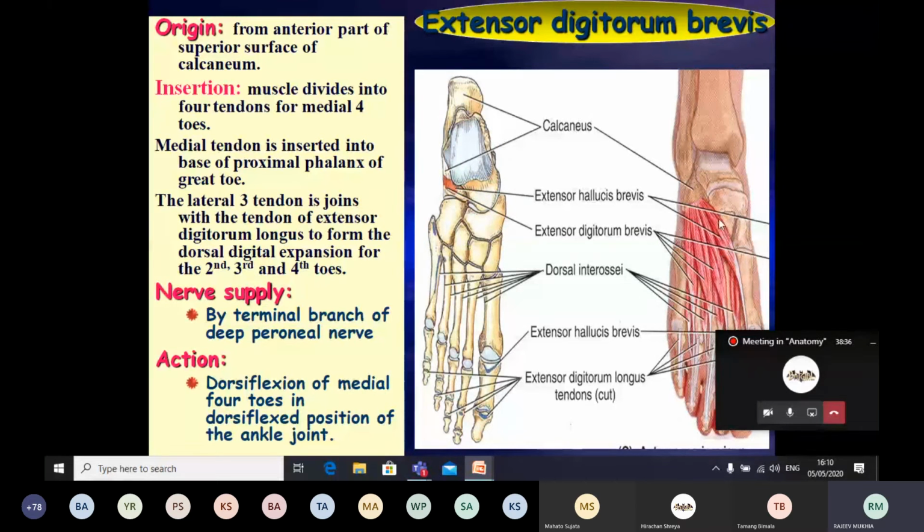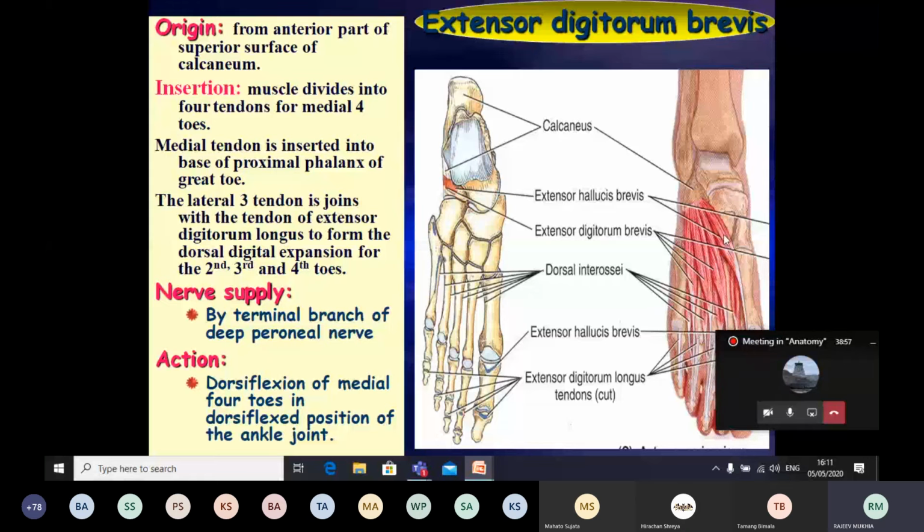The remaining three tendons insert into the second, third, and fourth toes in the dorsal digital expansion with the tendons of extensor digitorum longus.